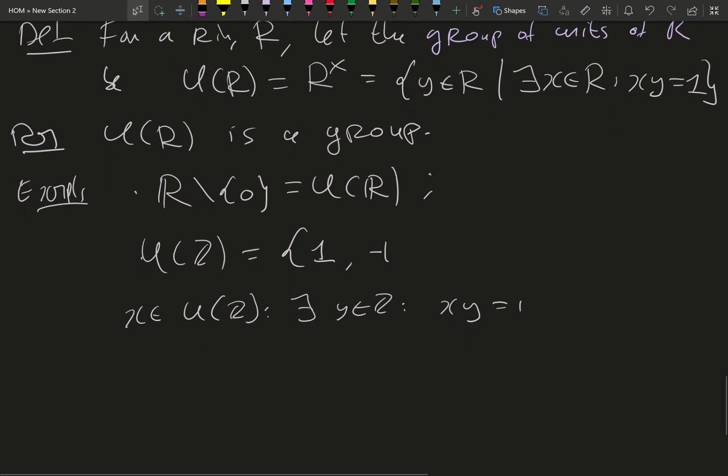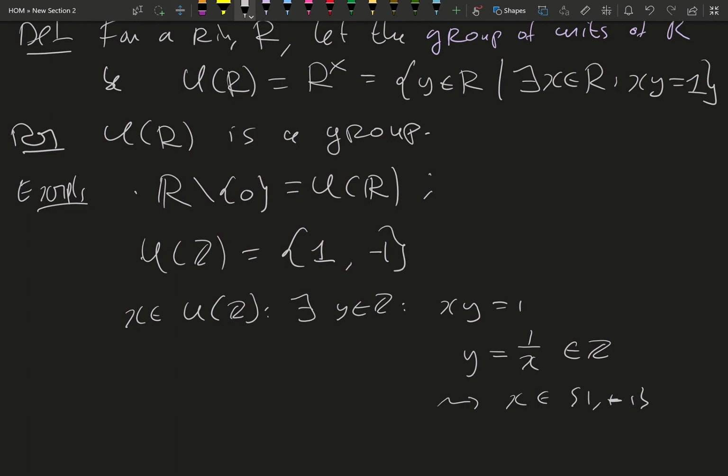So obviously x is not 0, and x and y are integers, so we can just solve this for the real numbers, for example, and get that y is 1 over x. But if this is an integer, then it follows that x is 1 or minus 1. Like so. So actually the units in Z are 1 and minus 1.